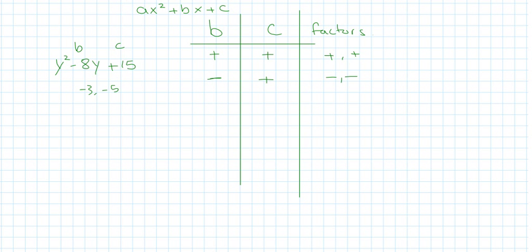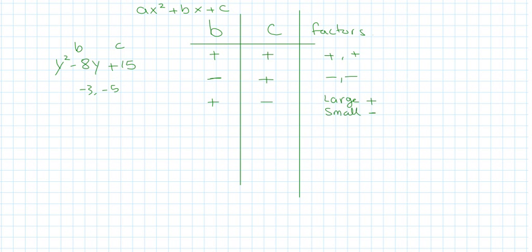Then if B is positive and C is negative, your large factor is going to be positive, and the small factor is going to be negative.